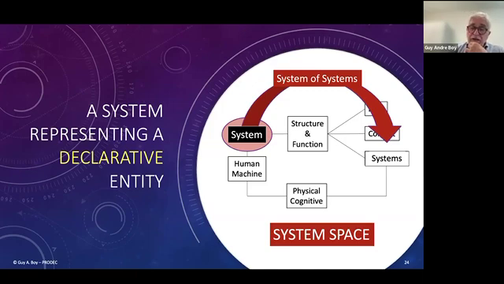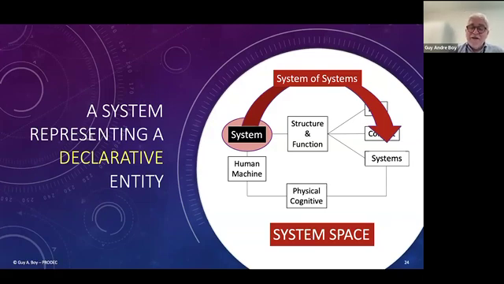So a system is described by structure and function, and that could be physical or cognitive and human or machines. That defines the system space. This seems to be a very simple definition, but it's extremely complex.